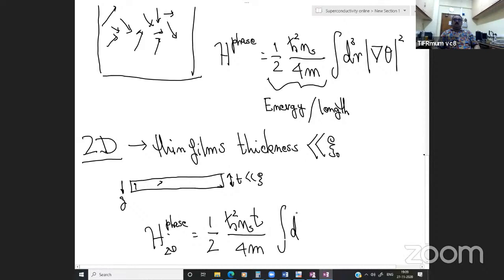And then I have integrated out this z degree of freedom, leaving d²r, which is in the plane of the film.